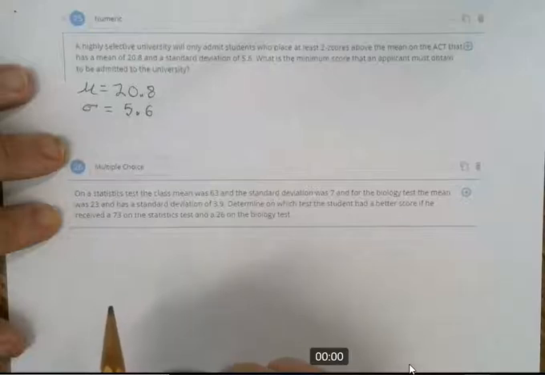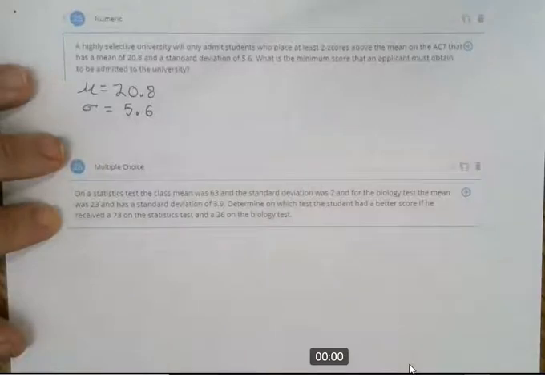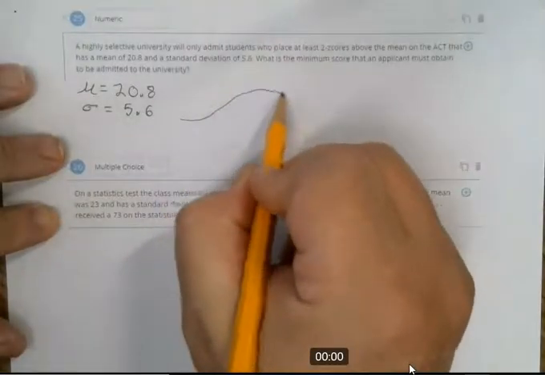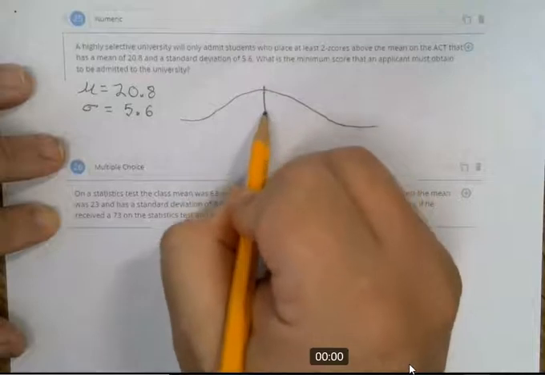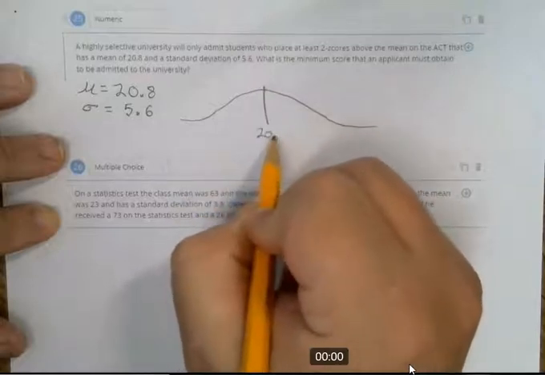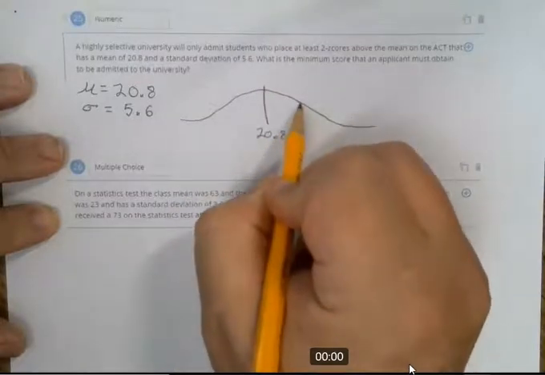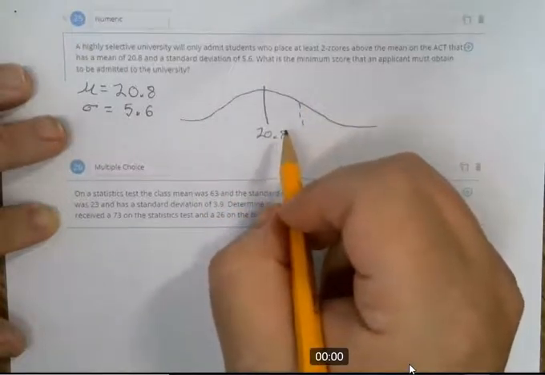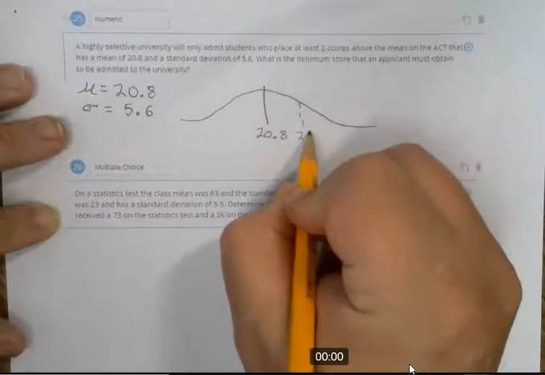Okay, so they have to be 2 z-scores above, and that's all we really have to find out. So the minimum score is whatever 2 standard deviations above that mean is. Not a hard problem. Right here is 20.8, that's the mean. Here is 1 standard deviation, so 20.8 plus 5.6 is 26.4.